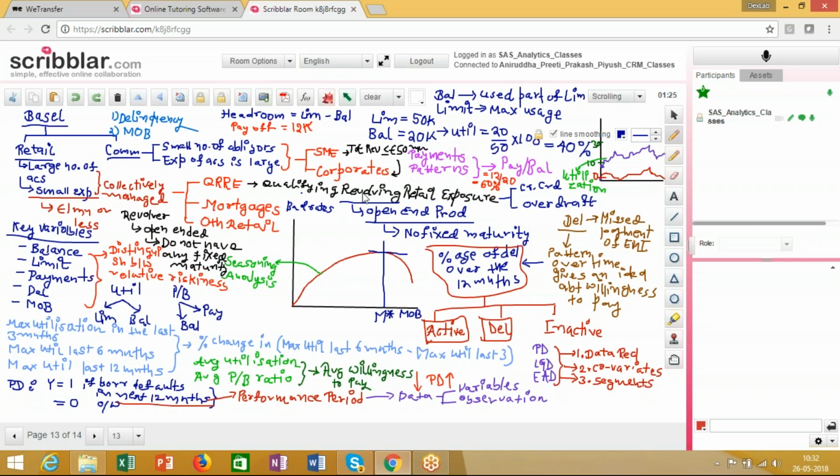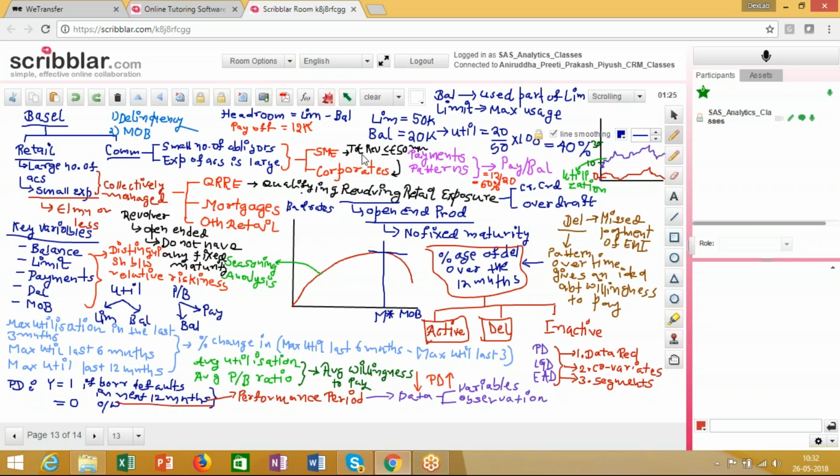Corporates are organizations whose sales are over $50 million. So business organizations with sales below $50 million are SMEs, and those with a turnover of more than $50 million are corporates, right?